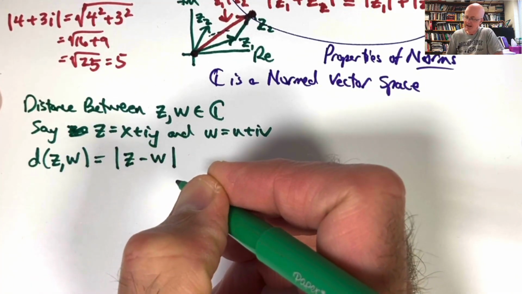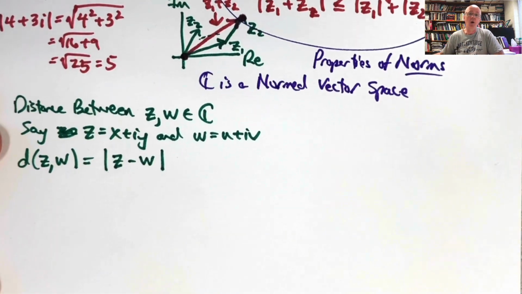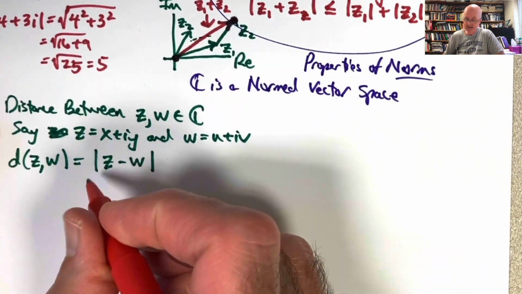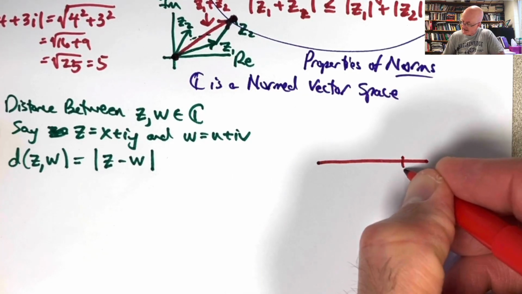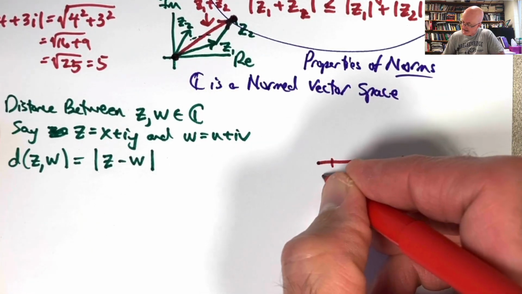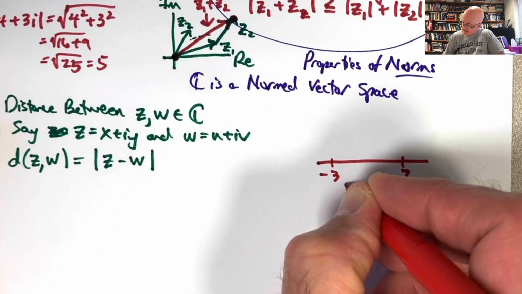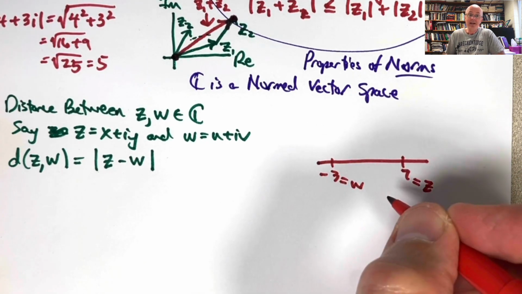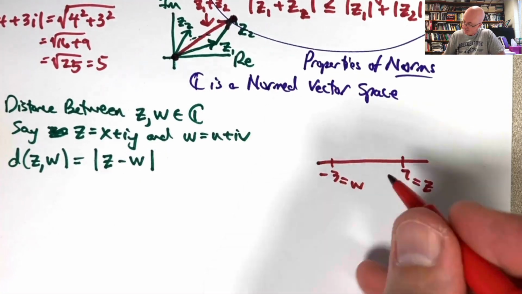Does that make sense? Well, let's think about it a few different ways. Along a real number line, if you were thinking about z and w as being real numbers, pretend z was 7 and w was -3. Let's pretend this is z and this is w. What is the distance between them? This formula does give you the right answer.